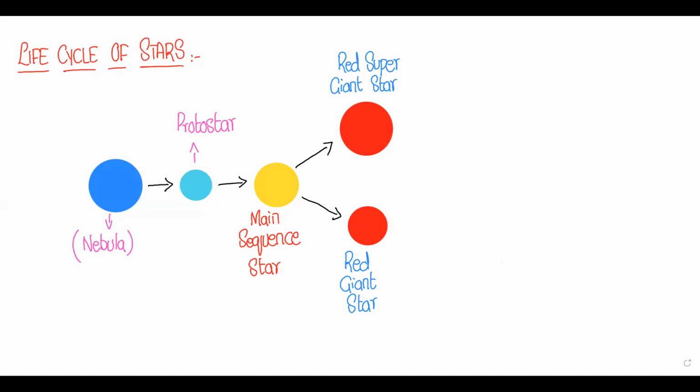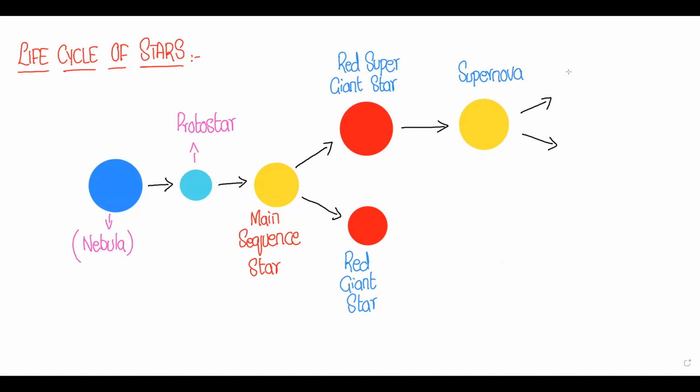Further, if we continue with the red supergiant star, it will convert into another type, which is known as a supernova. The next type is supernova. Further, this supernova will split into two final parts: one is the black hole, and the second is the neutron star.